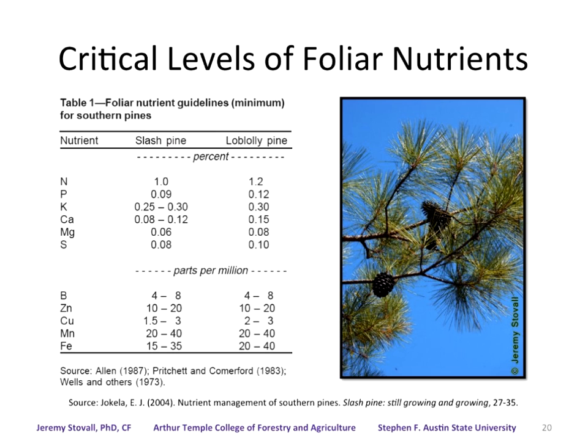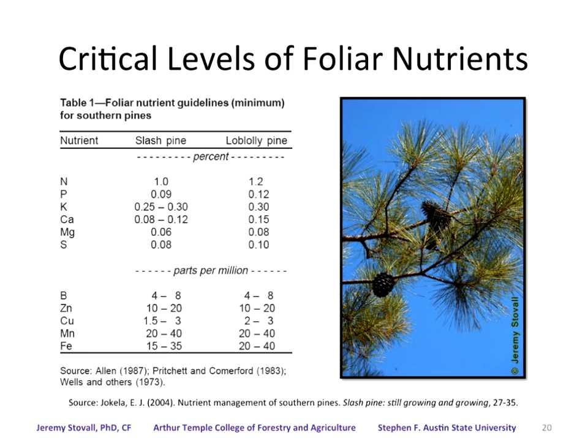One of the better ones out there probably is simply getting foliage from a stand in question, taking it to your local soil, plant, and water analysis lab at a local university, sending that in, and analyzing the nutrients in those needles.